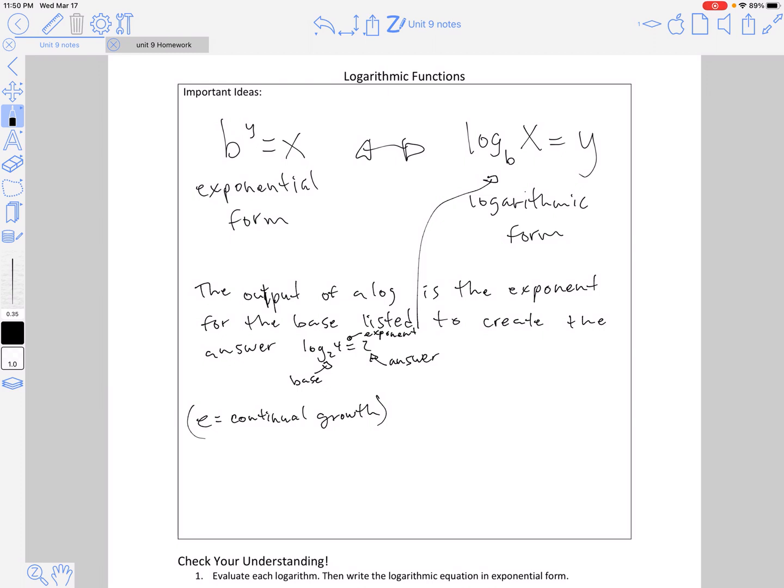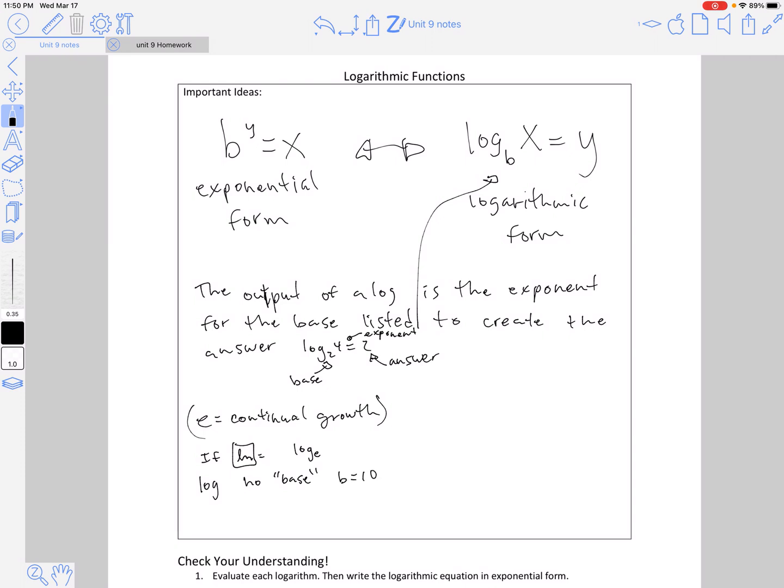All right, so here's the thing. If you see an L and an N, that's going to be log base E, that is ln, okay? Log base E. It's so common in science and in finance that they just call it ln. All right, so if you just have a log with no base, so no number there in B, then the B is actually 10.